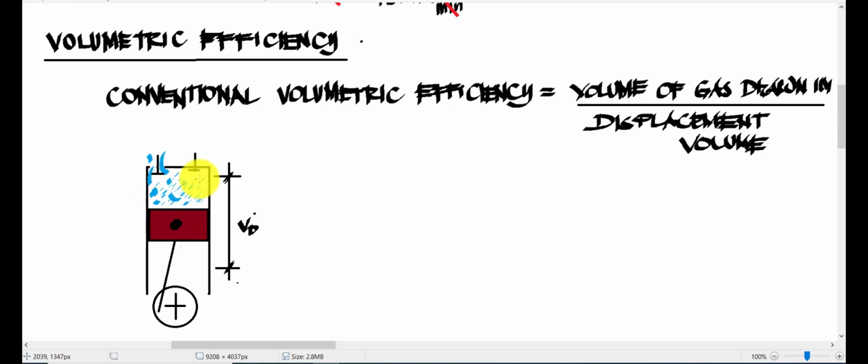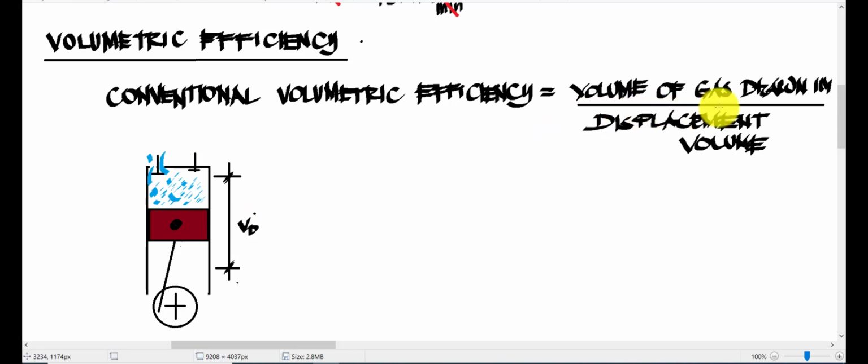The quantity of air is not equal to the volume displaced. That explains why we have what we call volumetric efficiency.